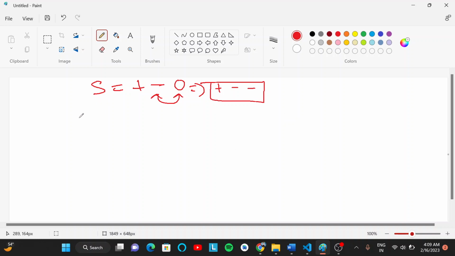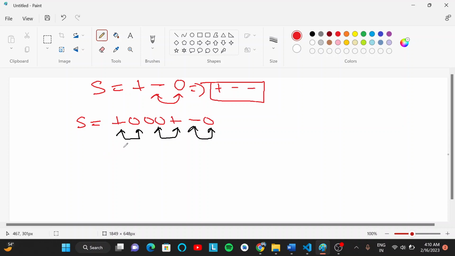To make this even more clear, let's take an example case like plus 0 0 plus minus and 0. What will happen in this case is this plus will affect this neutral charge. Similarly, this neutral charge will be influenced by this plus charge, and this negative will influence this neutral charge.